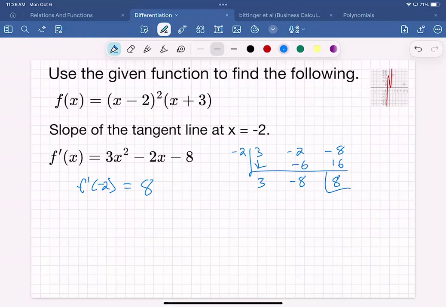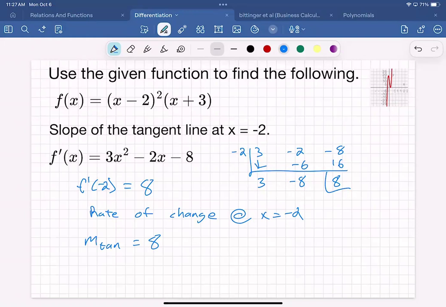Now, what does this 8 represent? It's the rate of change at -2. Okay, this is the rate of change at -2, which would be the slope of a tangent line there as well. Okay, if you wanted to find the equation of the tangent line, what else would we need to go do?